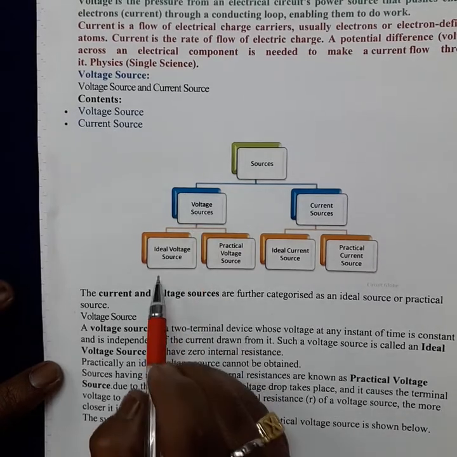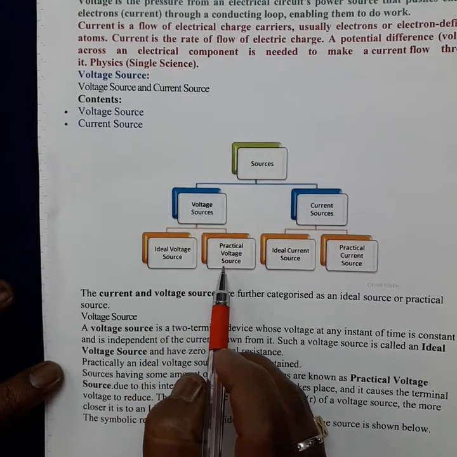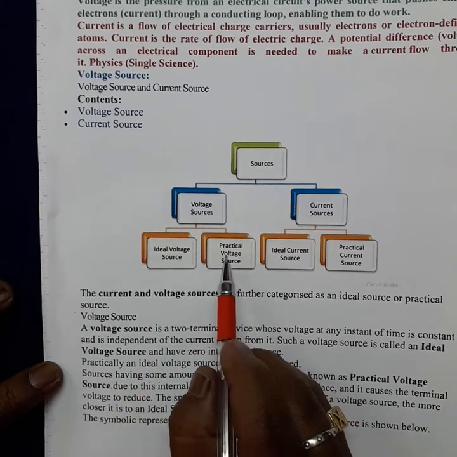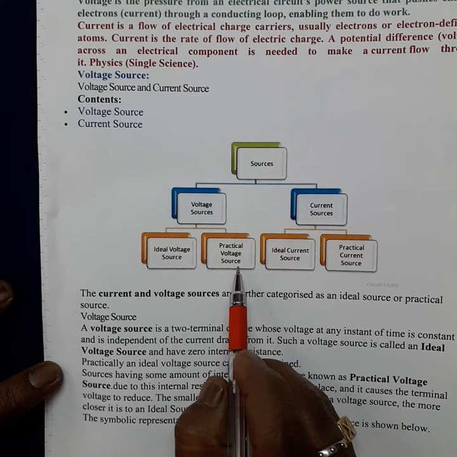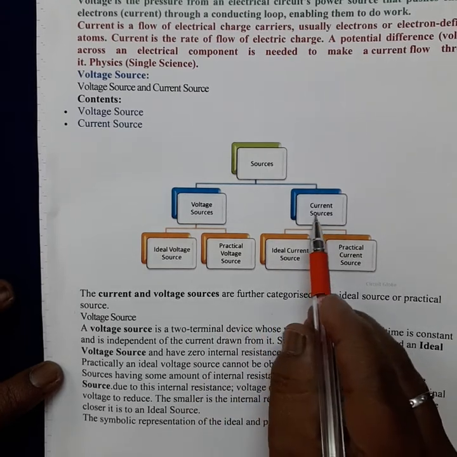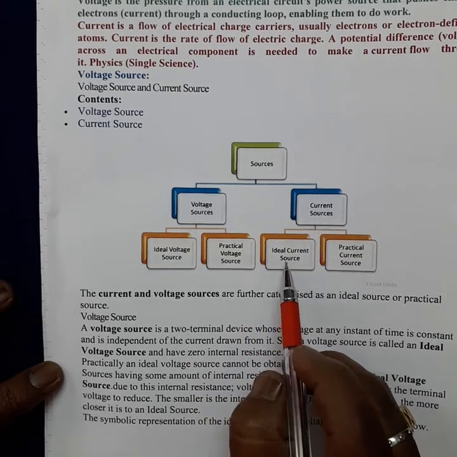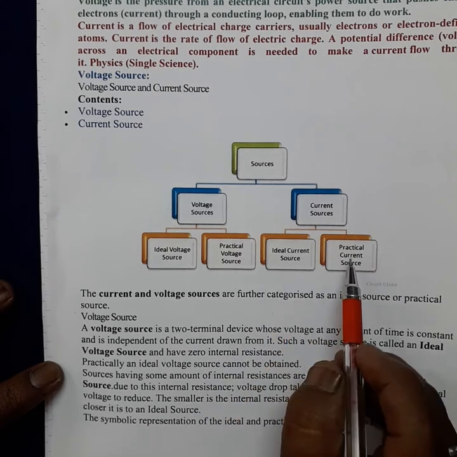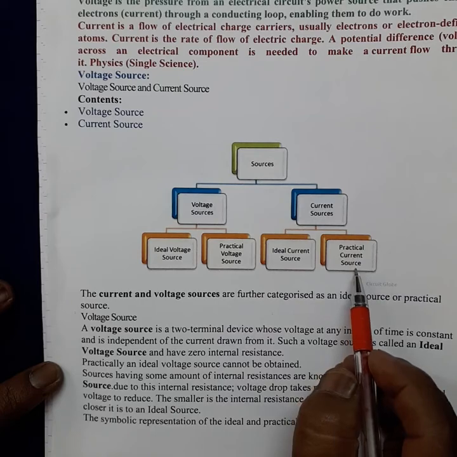The voltage sources are divided into two categories: the ideal voltage source and the practical voltage source. In the same way, current sources are categorized as ideal current source and practical current source.